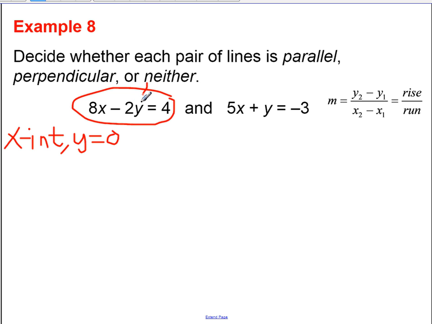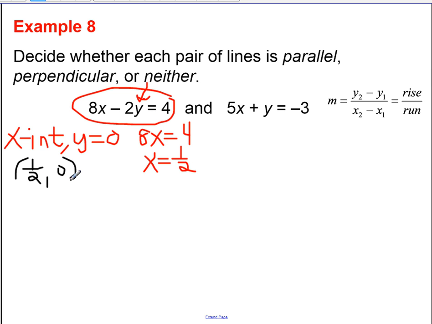And if you plug in the 0 here for y, you get 8x equals 4. So if 8x is equal to 4, we divide both sides by 8. We get x equals 1/2. So that's one of the points on the line, 1/2, 0.